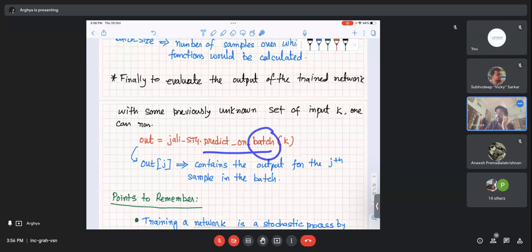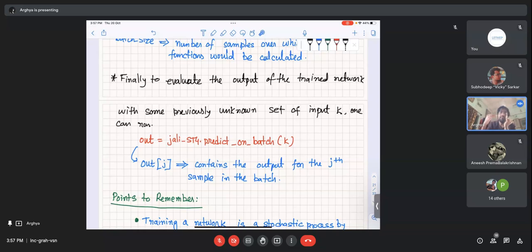I said batch because Python handles batches quite easily. You can throw a bunch of functions previously unknown to the network together, get the output it generates, and that is your out. So out j would contain the output of the jth sample in the batch. This is now the prediction.